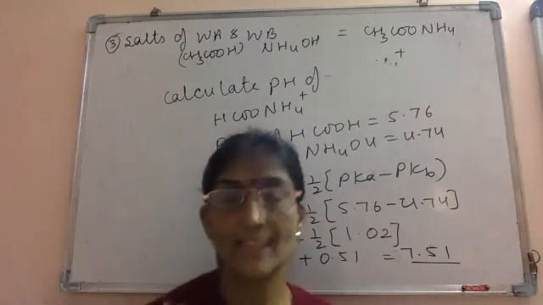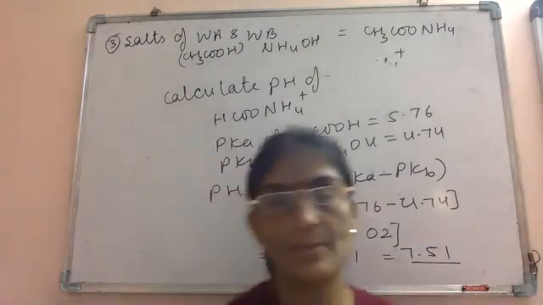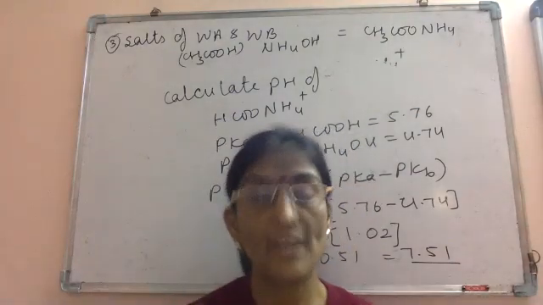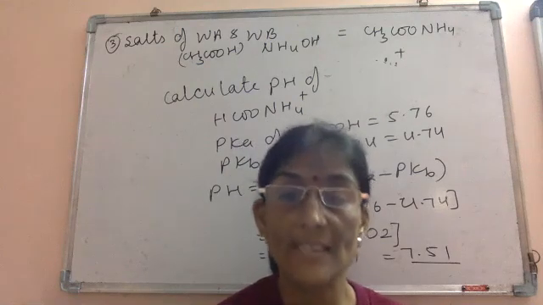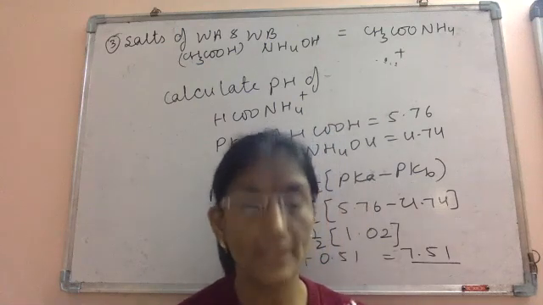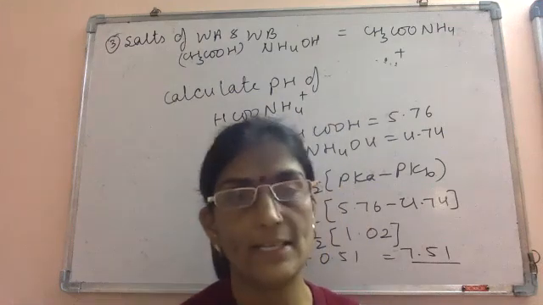If pH is more than 7, then the solution will be basic in nature. Because it is a salt of weak acid and weak base, the solution will be basic, because the dissociation constant of the base is lower, and the pKb value is lower, that is why.